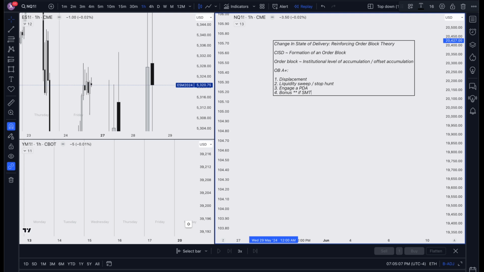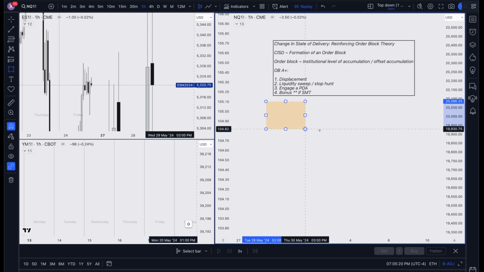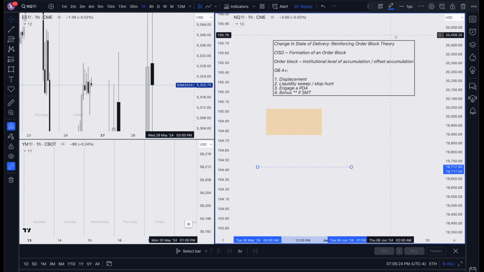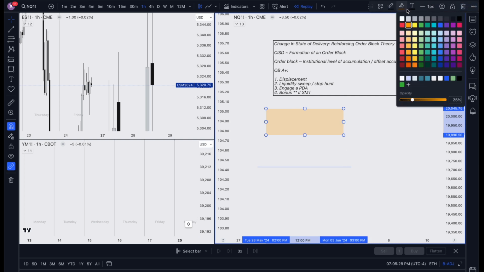We already know what an order block is. We're now going to look at how we can reinforce order block theory and use order blocks as a more robust part of our analysis, because generally we focus on the classic external range liquidity and internal range liquidity, or as you guys know when I preach, lines and boxes.